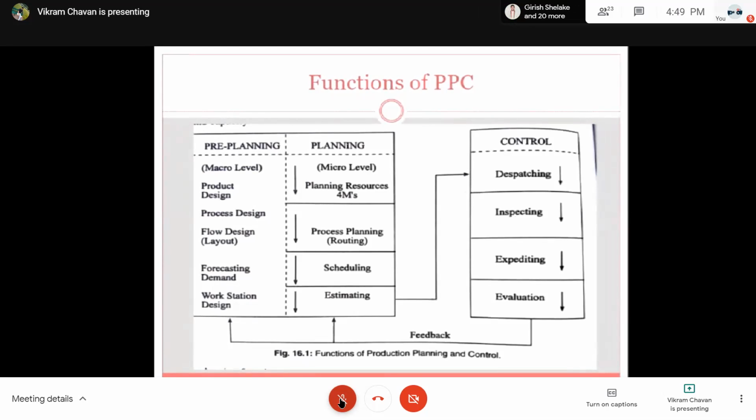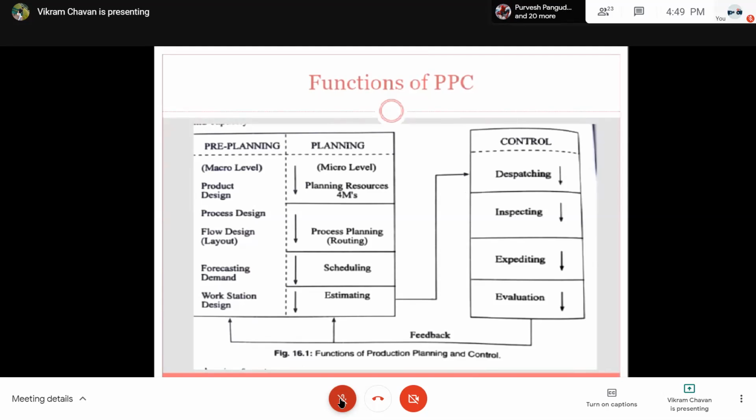Minute to minute planning will be done in this phase, deciding what should be done in that particular time period and how to carry out the activities. All these plannings come under this particular phase.